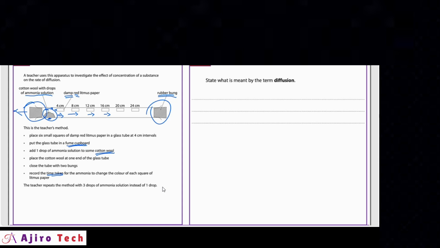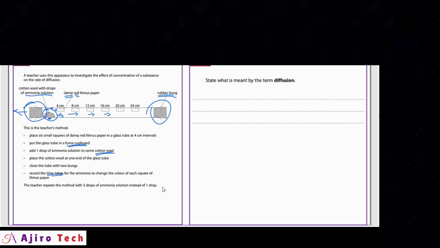Now, you will be thinking, this damp red litmus paper, why must we soak it inside water to make it damp? This is because as ammonia gas is given off, it will dissolve. That's the reason why we have to wet our red litmus paper with small amounts of water.